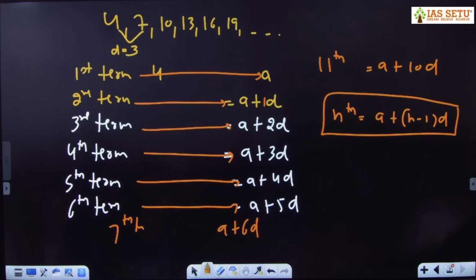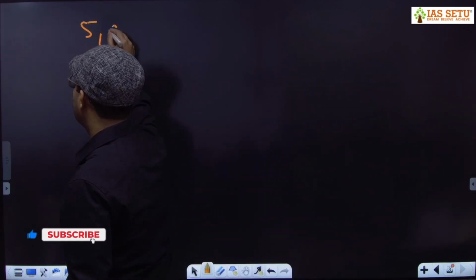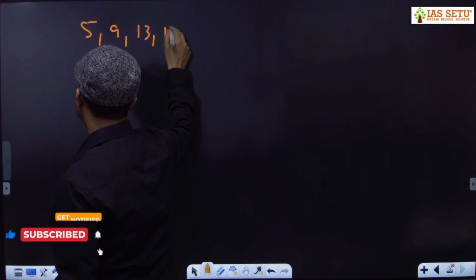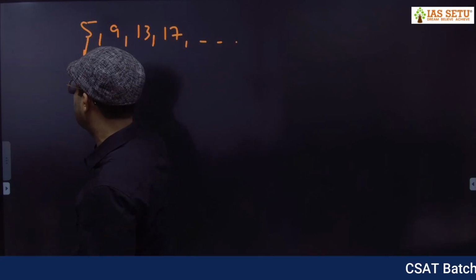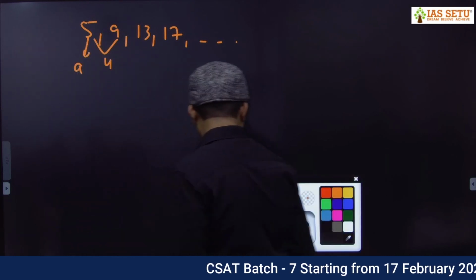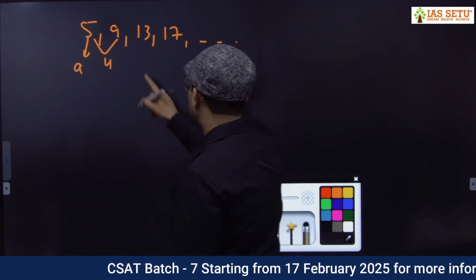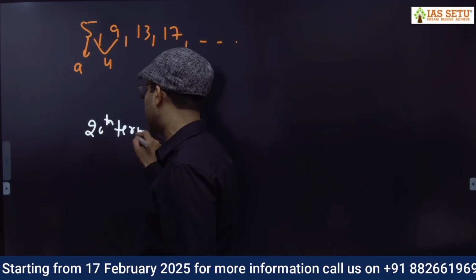In AP, if we have to find the nth term, it is A plus n minus 1 into D. Let me solve two examples. For example, 5, 9, 13, 17 and so on. Here the first term is 5, this is A. Common difference is 4, so D is equal to 4. What is the 20th term in this given AP?